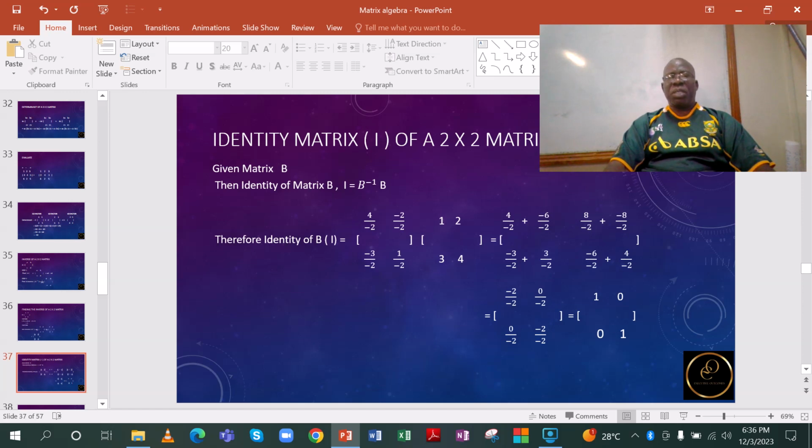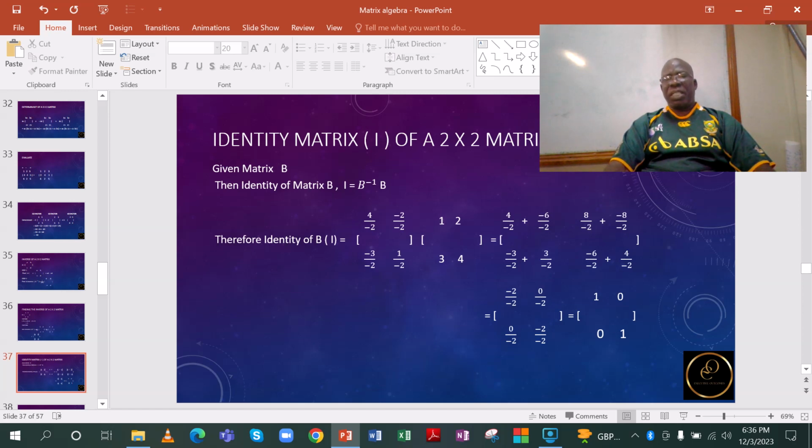Then the next one will be 4 over negative 2 times 2 plus negative 2 over negative 2 times 4. That will give you 8 over negative 2 plus negative 8 over negative 2.